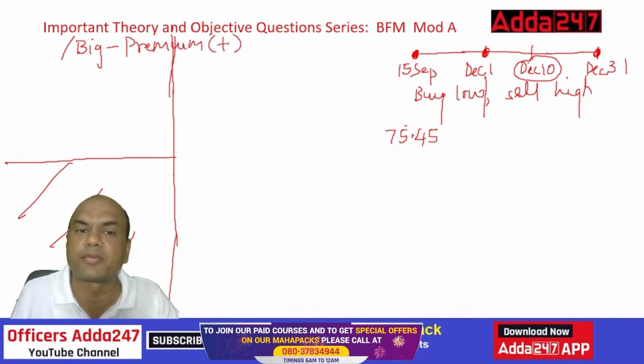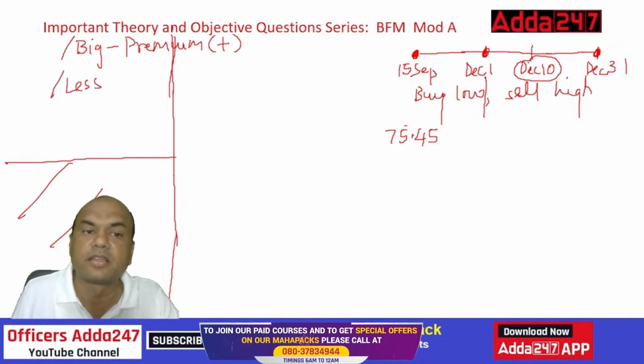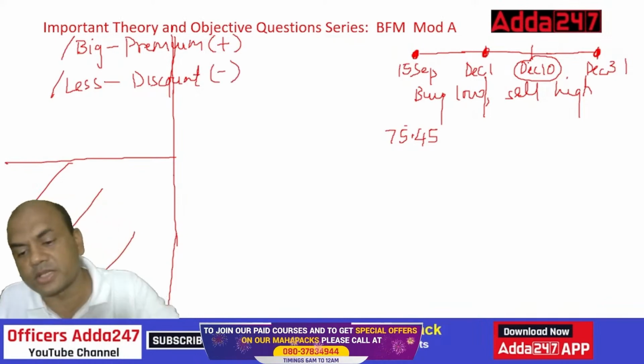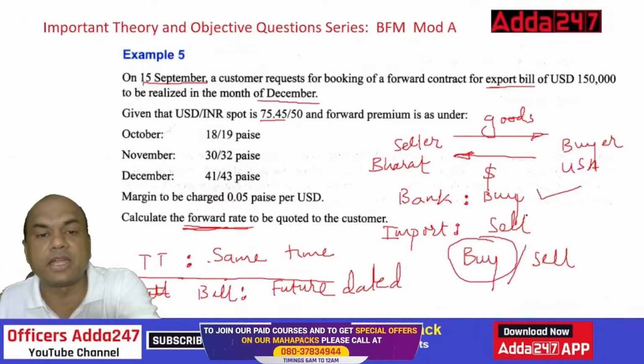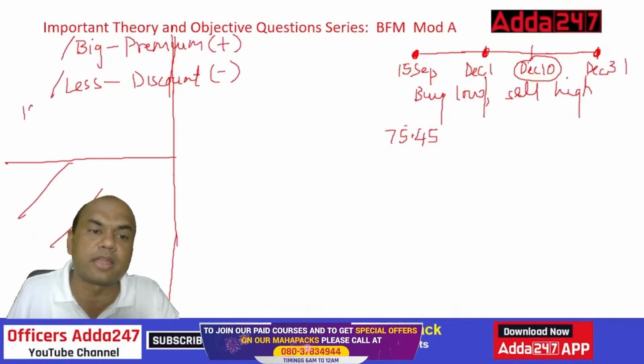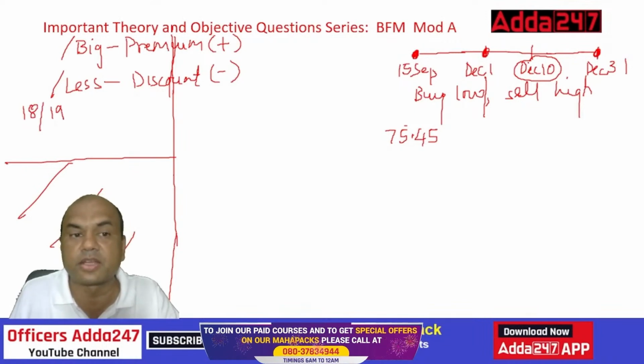Always remember. And when you have the right side less, then the currency is in discount. Okay. And then you subtract it. So in this case, if you look at this rate, 18, 19, 30, 32. So 18, 19 means the currency is in premium. Right side is bigger. So it is in premium.